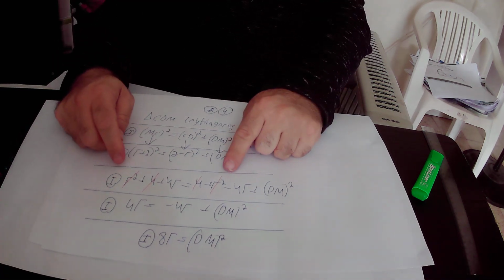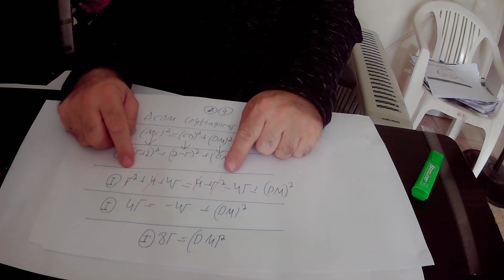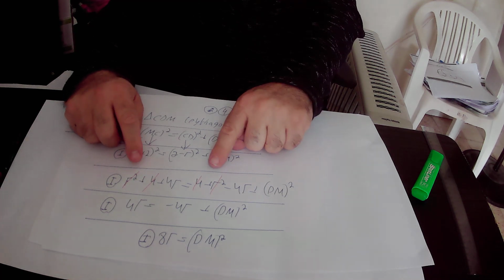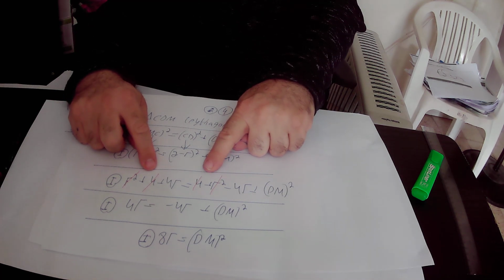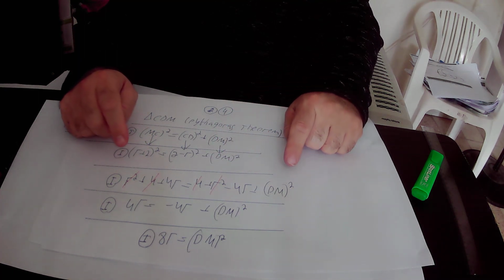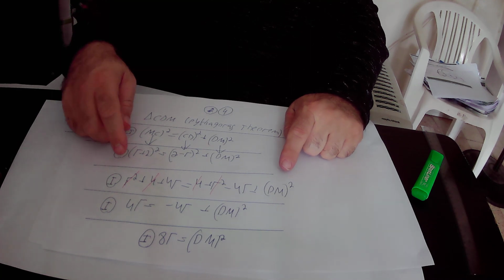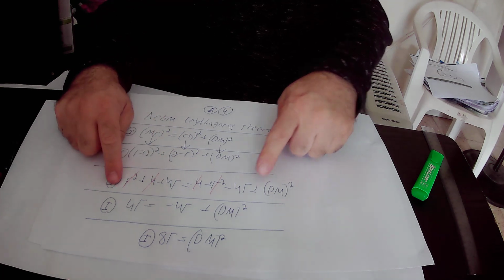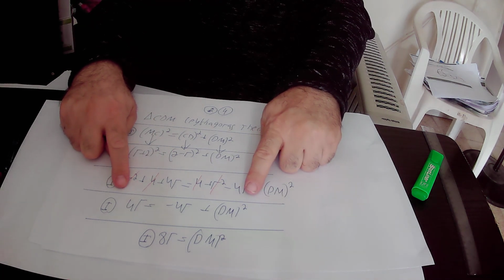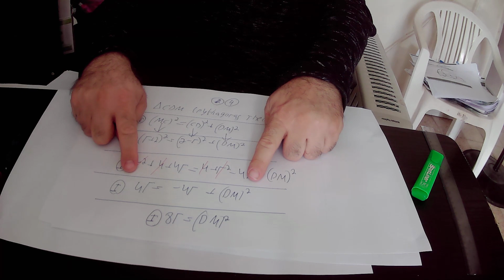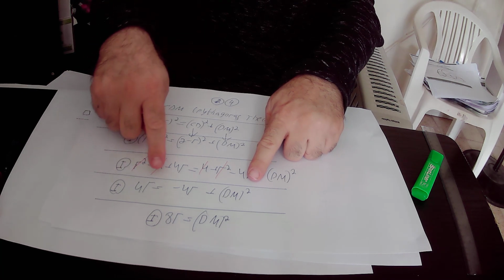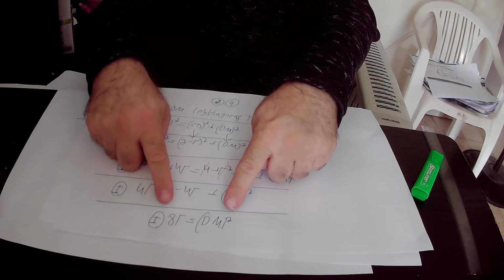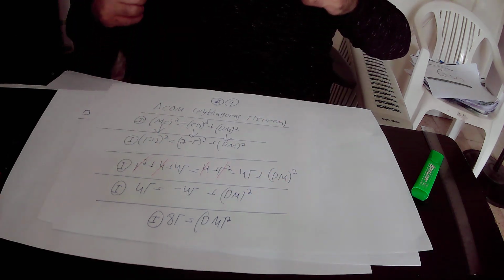So we have R square on both sides of equation number 1, so R square will get cancelled, and we have also 4 on both sides, so 4 is also cancelled. What is left after we cancelled the expressions? It is actually 4R equals minus 4R plus MD square. Here we added 4R to this equation, and 4R plus 4R is 8R. In total we got that 8R equals MD square.